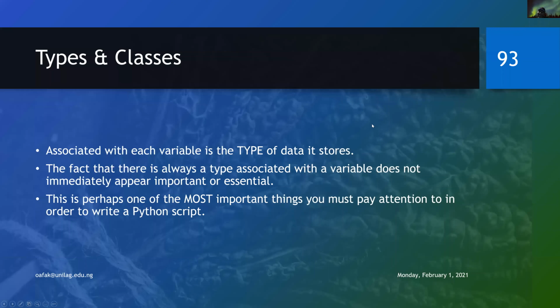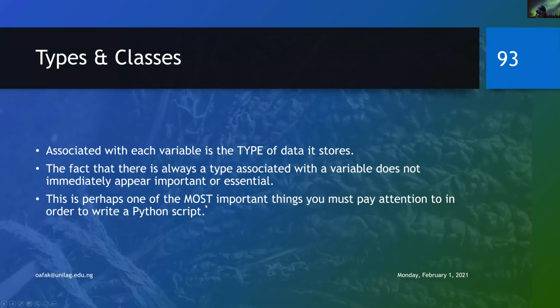So apart from knowing you have a variable, you need to know what kind of data is being stored, what type. The fact that there is always a type associated with a variable does not immediately appear important or essential. This is perhaps one of the most important things you must pay attention to in order to program a Python script or any programming language for that matter.